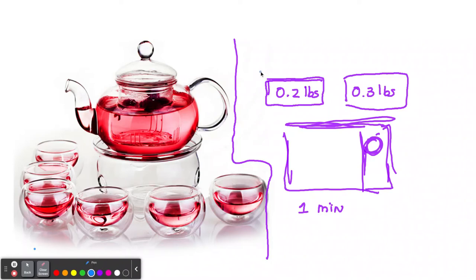Well, this one would be hotter because it takes a shorter amount of time to heat up. Remember, the more massive it is, the longer it takes to heat up. So the heavier one, the 0.3 pounds, would take longer to heat up.